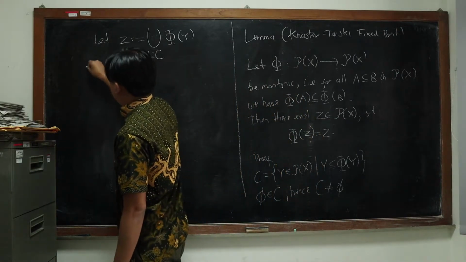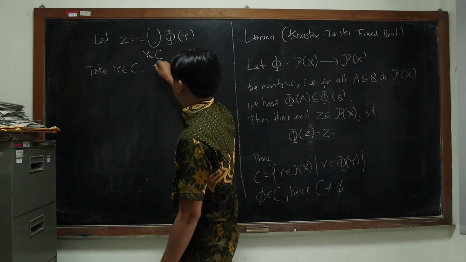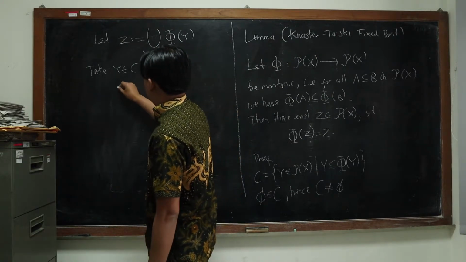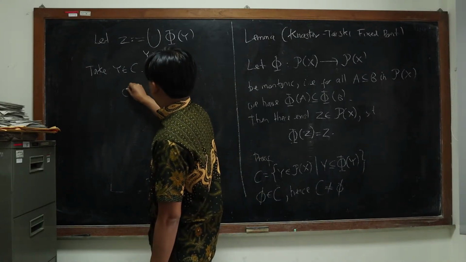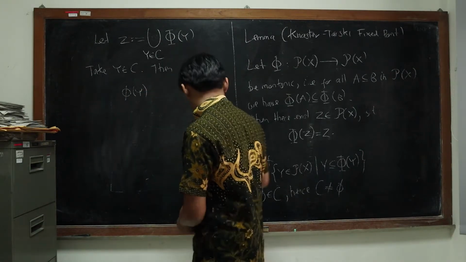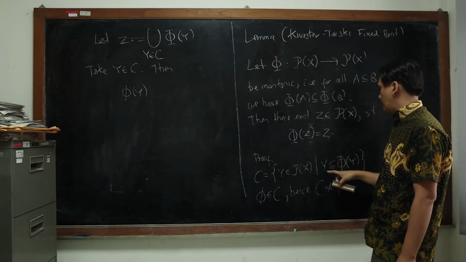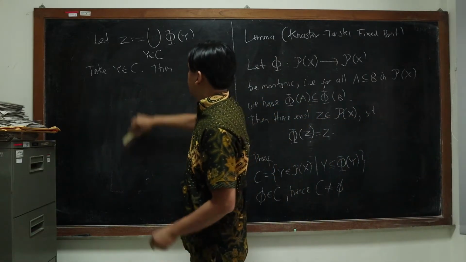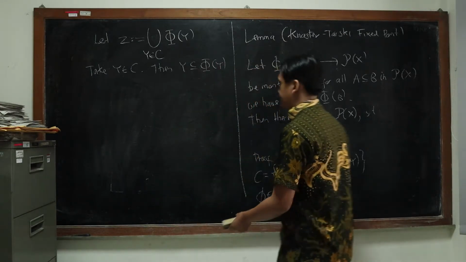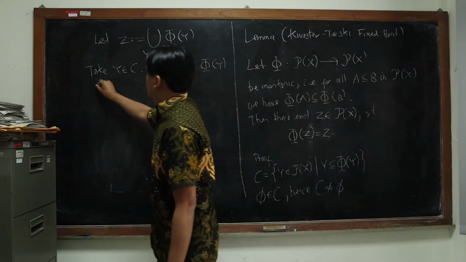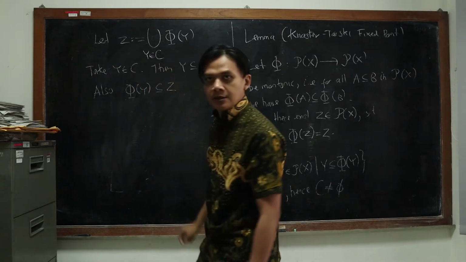So take Y in C. Then by definition of elements of C, we have Y is contained in phi of Y. Also, phi of Y is contained in Z. Why is that?